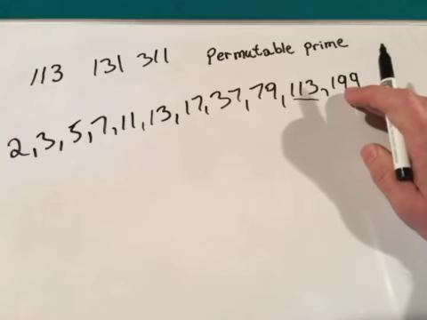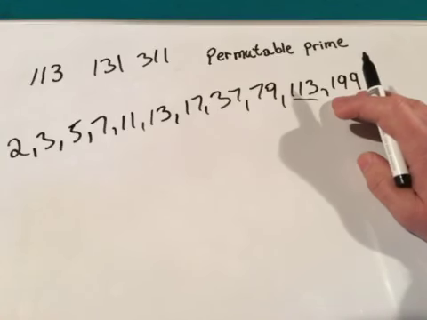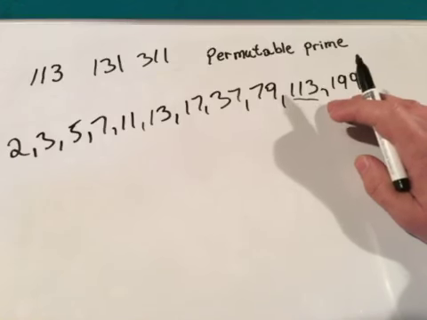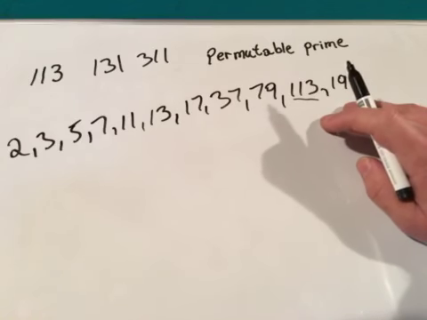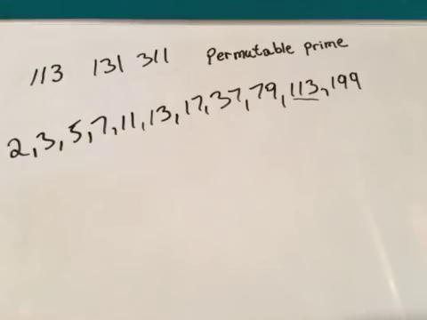Well, that you can no longer represent as a calendar day, right? So the only three-digit permutable prime that can be represented as a calendar day and is prime no matter which way you represent it, in month-day or day-month, is 113. So that's kind of cool.